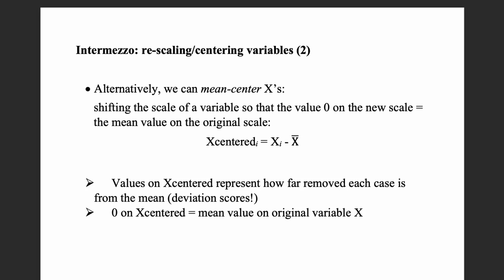So if a case scored exactly the mean value on h, and we would create a mean-centered version of h, then that case would score a 0 on the new mean-centered version of h, and then all people that are older than the mean age will get a positive value on that mean-centered version of h, and all the people that are younger than the mean age will get a negative value on that centered version of h.